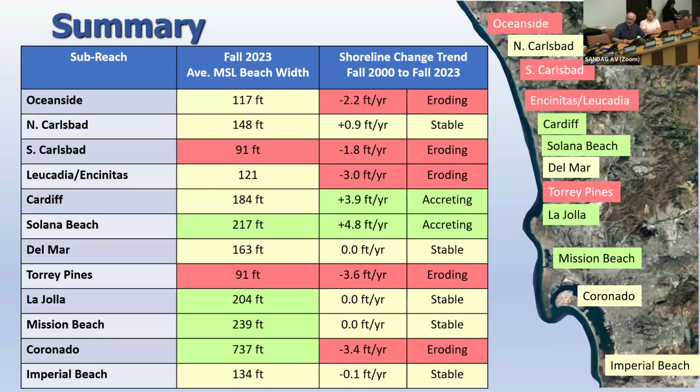Well, anyway. So besides the value of the actual numbers and the increases and decreases, what I think this slide points out very vividly is the complexity of the changes between Oceanside and Imperial Beach. But even in the Oceanside cell itself, from Oceanside to La Jolla, look at how complex it is. You have erosion, not erosion, accretion, not erosion.